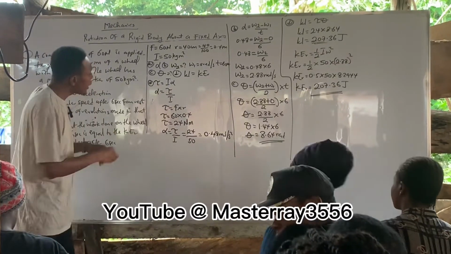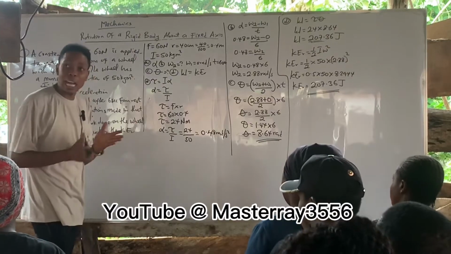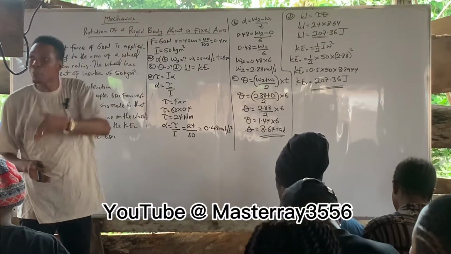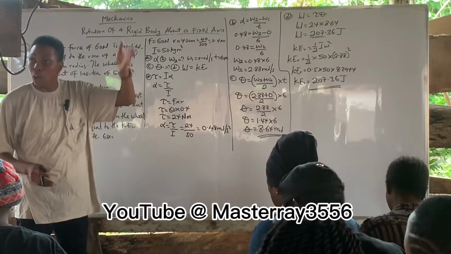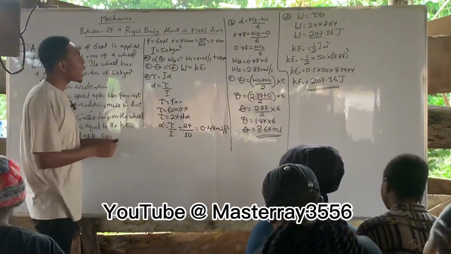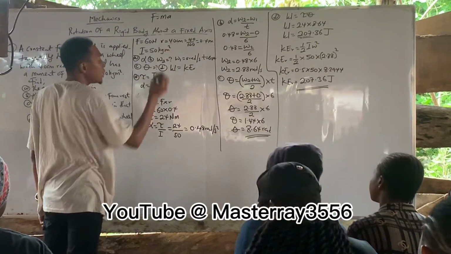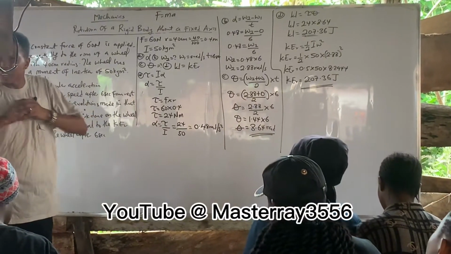This formula was gotten from, I gave you from the beginning of my class, the equations for linear motion and for rotational or angular motion, is it not? And I told you that force is equal to what? MA. Force is equal to mass times acceleration.